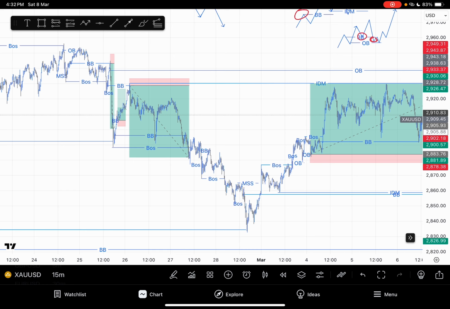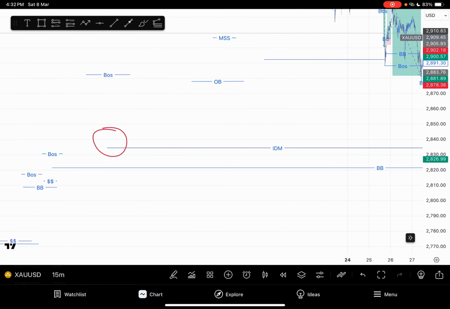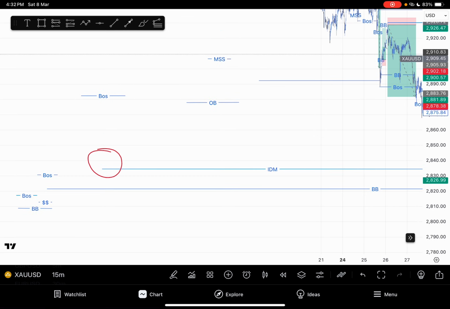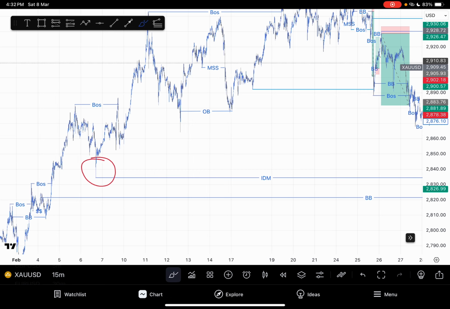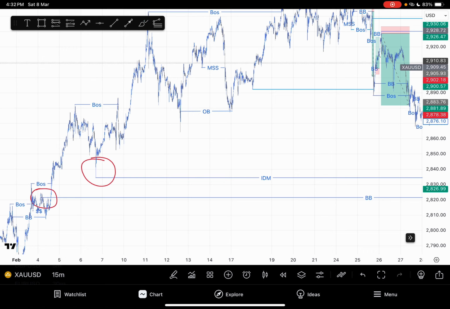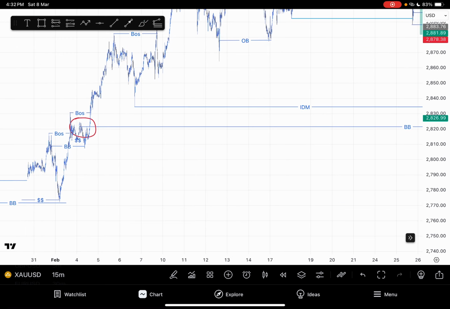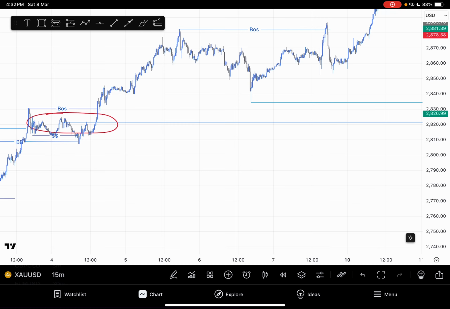So before that, I already got my buys on gold. I know gold is moving in an uptrend, or is in a bullish direction. We all know gold is in a bullish direction, and from this region here, on the 1 hour time frame, we have a breaker block there that is not mitigated.